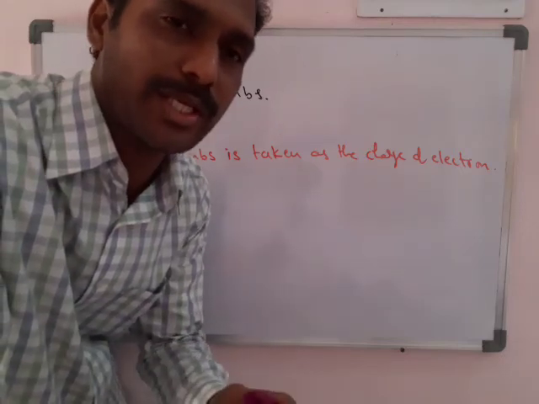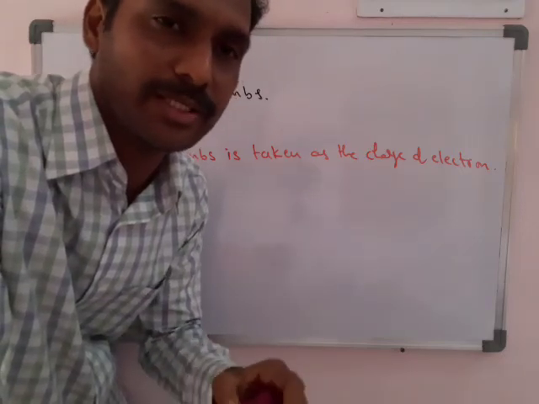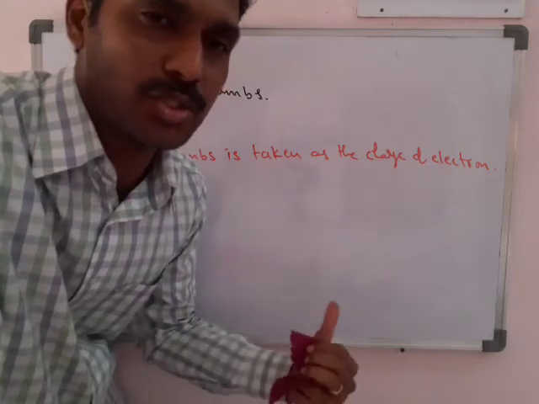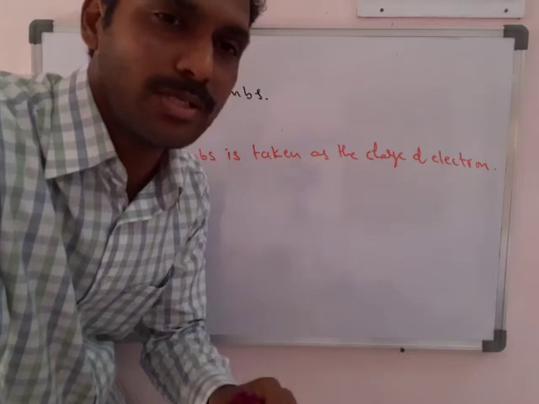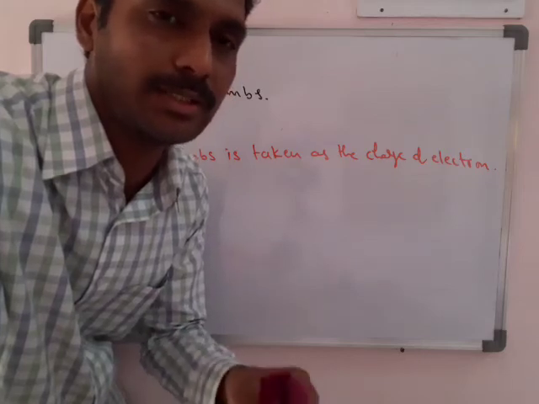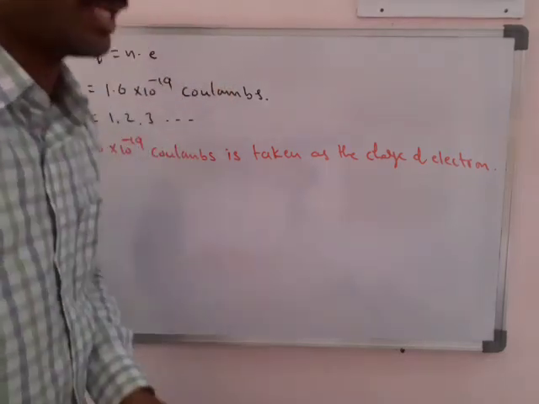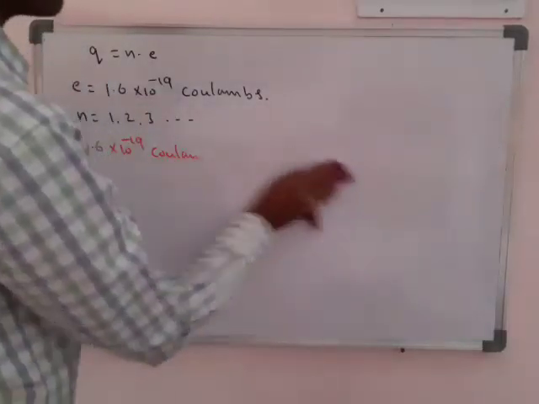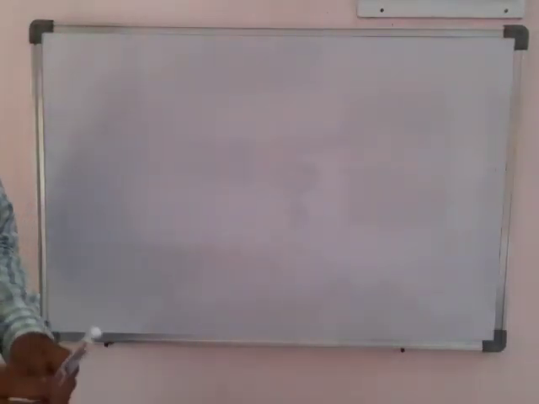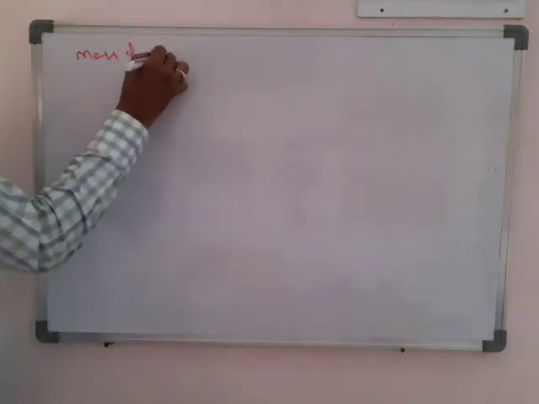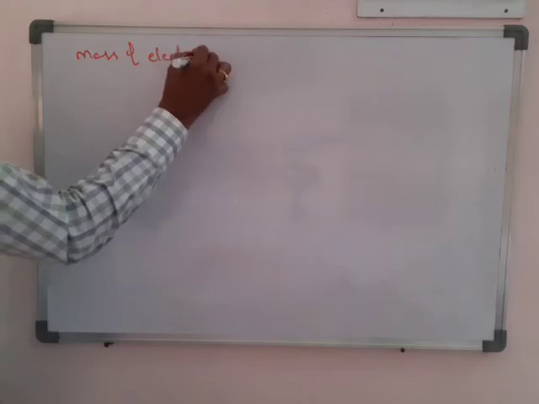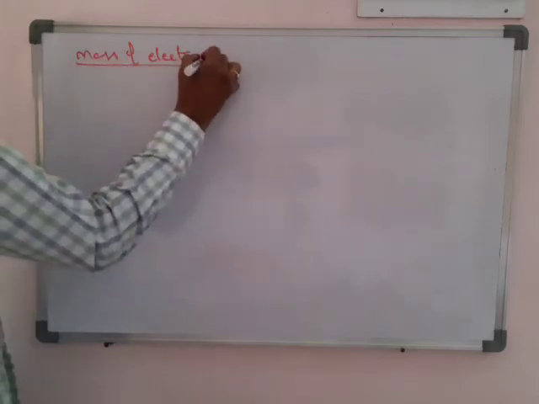Next, after knowing the charge to mass ratio given by Thomson and the charge given by Millikan's oil drop method, we are also able to find the mass of the electron. So now we see the mass of the electron.